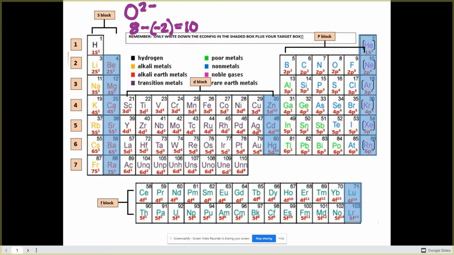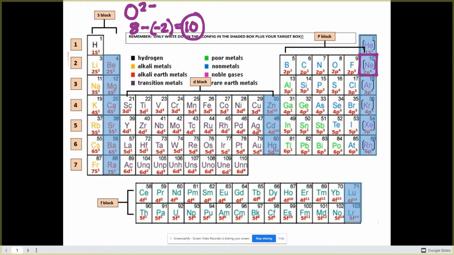So again, guys, although oxygen is 8, since it has a charge of negative 2, that increases our number of electrons to 10, which means instead of O being our target box, we look at 10.